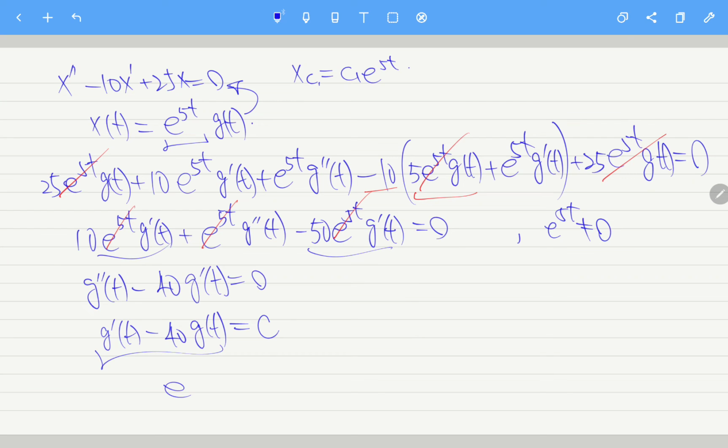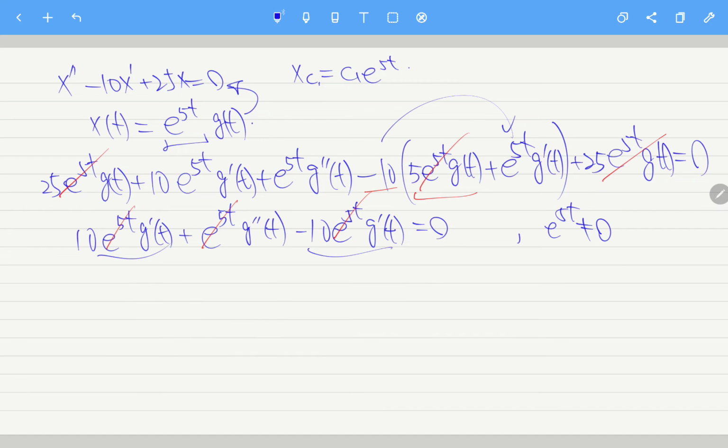Did I make anything wrong? Oh, no. Oh, this one is not 50. This one is only minus 10. Okay, so everything works correctly.